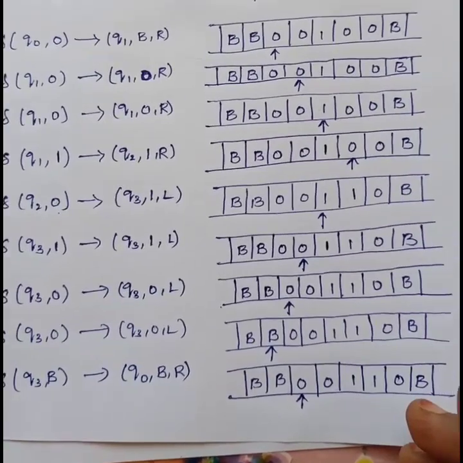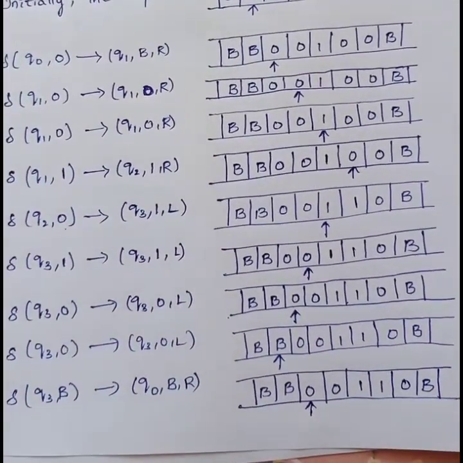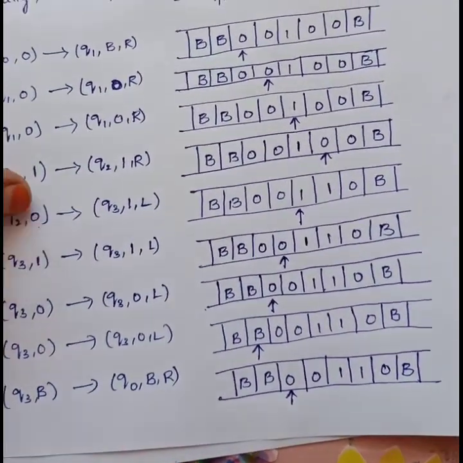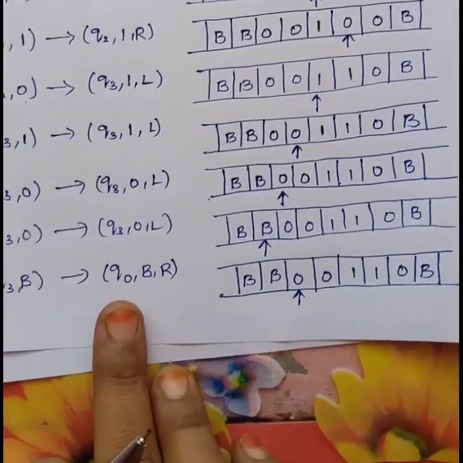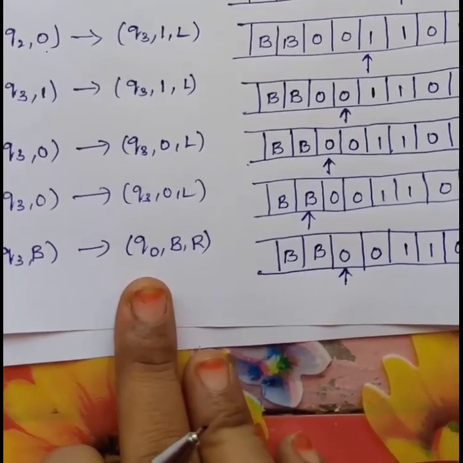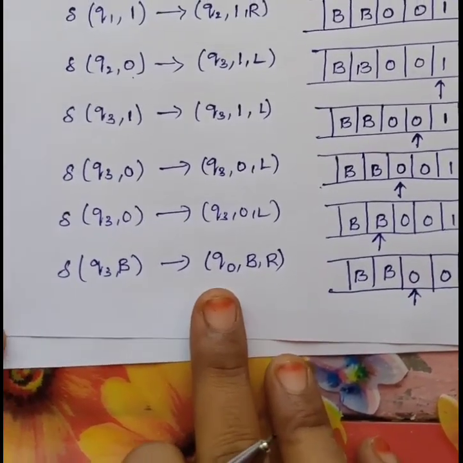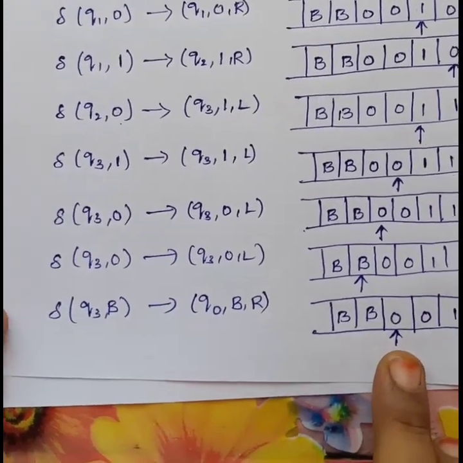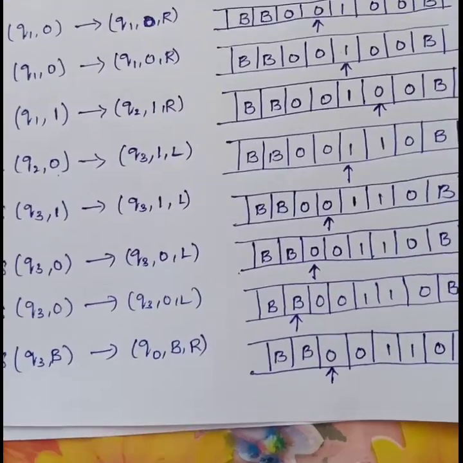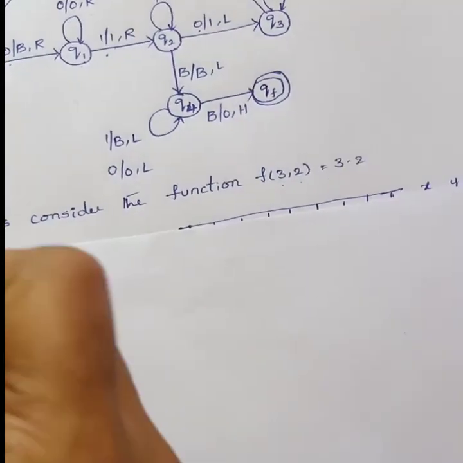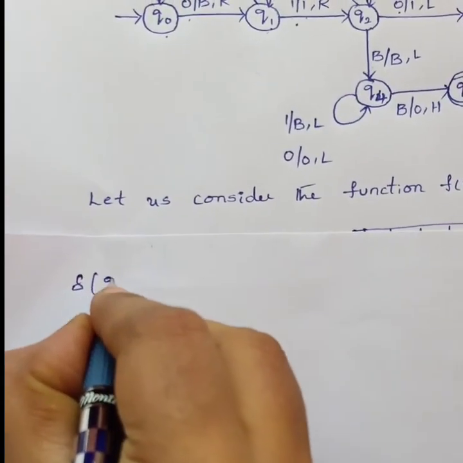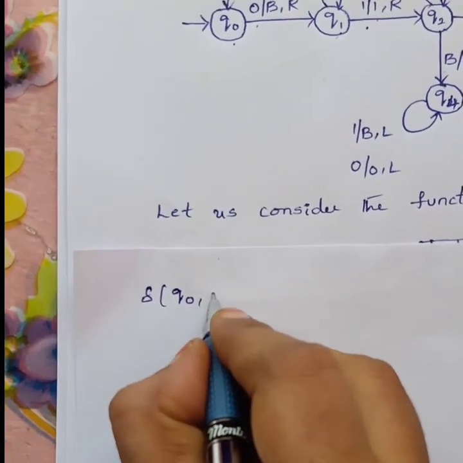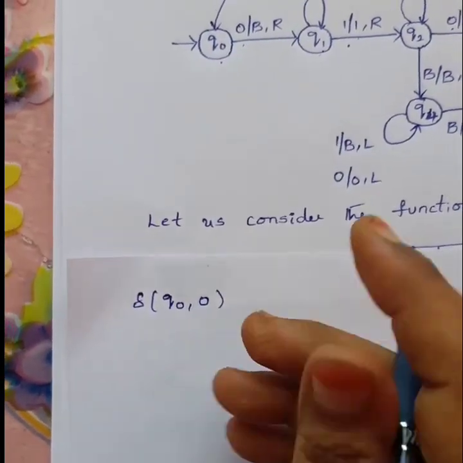Now see, now I am in Q0 state. So in Q0 state, what is the input? 0. So here I am writing again. In Q0 state, what is the input? 0.